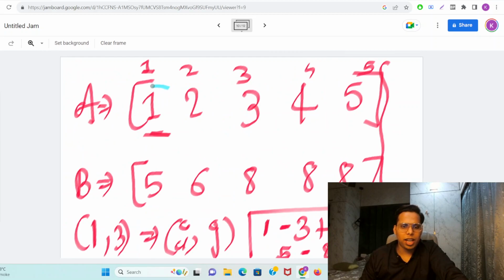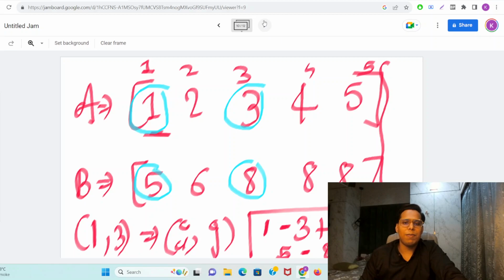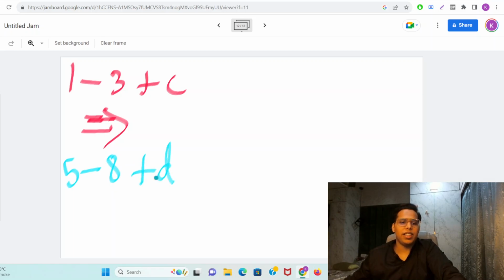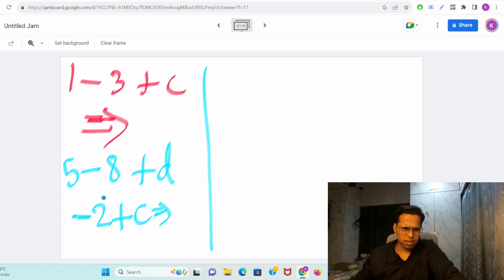See, this is my a of i, which is 1. This is my a of j, okay? So 1 minus 3 plus c should be equal to b of i minus b of j, 5 minus 8 plus d, which is nothing but what? 1 minus 3 is minus 2 plus c should be equal to minus 3 plus d.